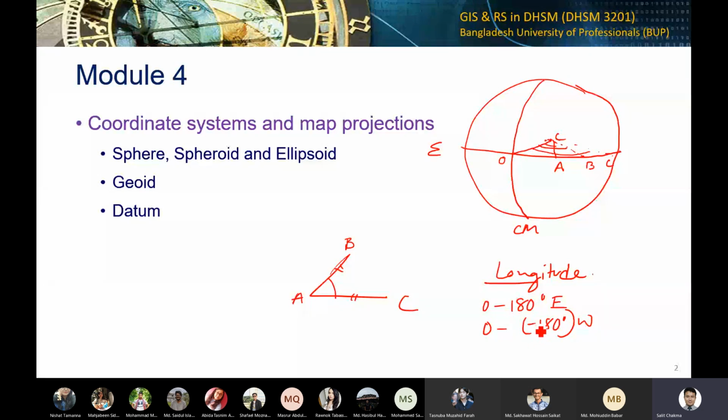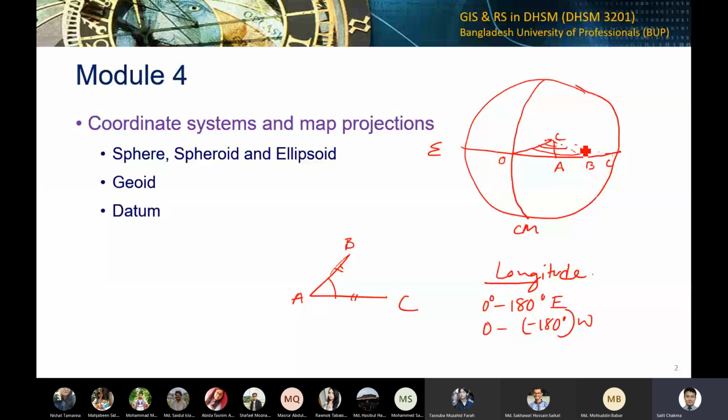To avoid the negative and positive signs, we simply write them as 0 degrees to 180 degrees east and 0 degrees to 180 degrees west. Whenever we move westward, we tend to write the value as negative.